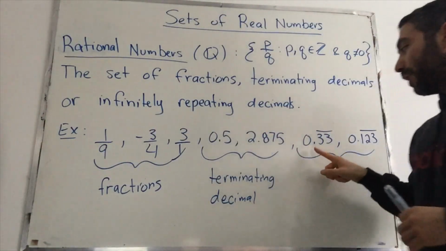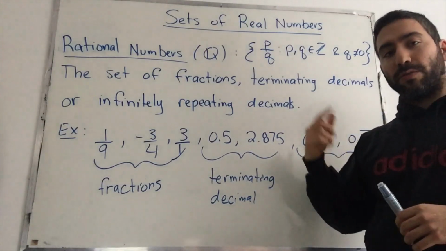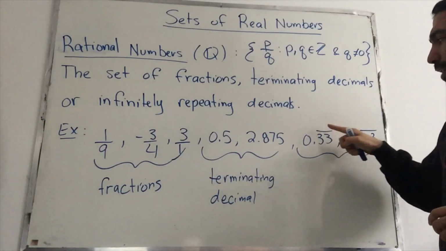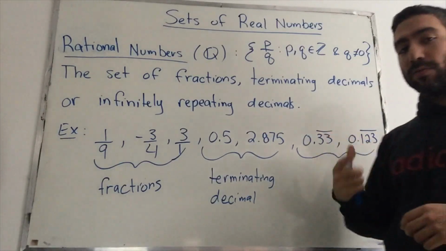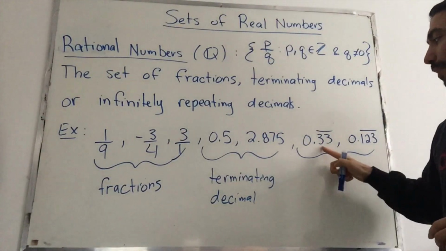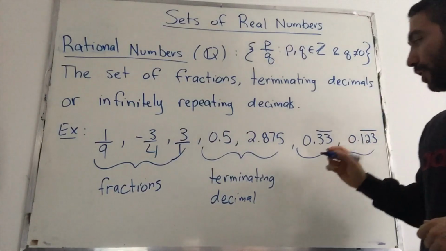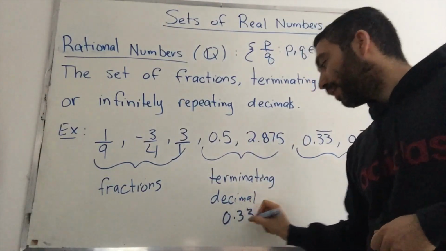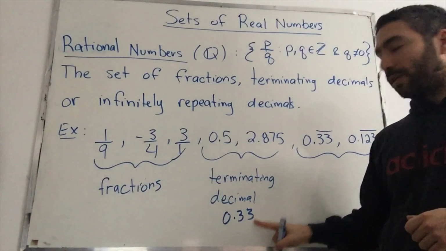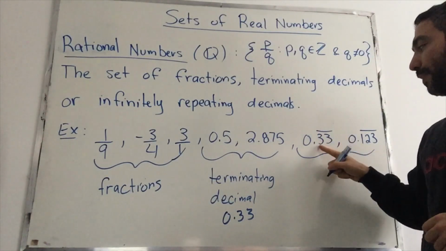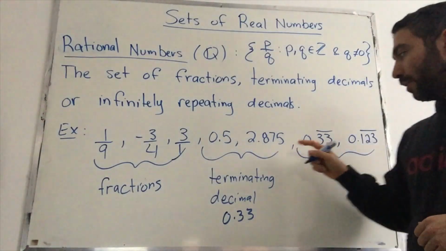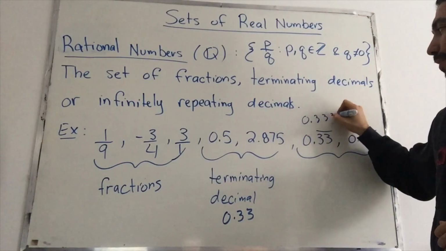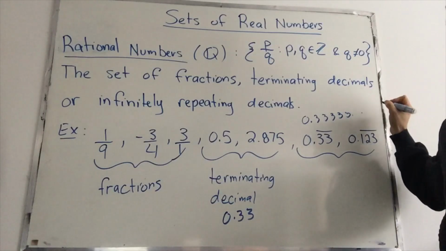And the last set that we have are the infinitely repeating decimals. This is in numbers such as 0.3 repeating, so 0.333333 forever. The second you see this bar on top, it means that those numbers repeat. If it would have been just 0.33 with no bar on top, that's a terminating decimal that stops. But in this case, you have a bar on top. This means that the 3's repeat, we just don't write it. So think of 0.3 with the bar on top as 0.333333, and it continues forever.